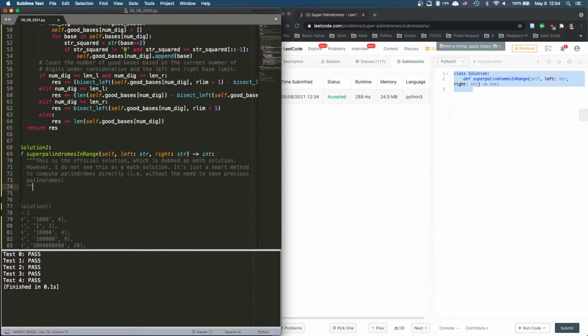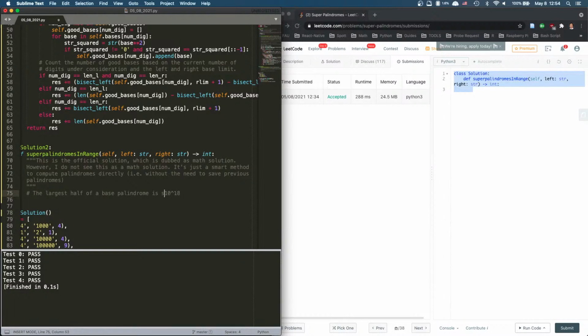Okay, so the idea is very neat. We just need to find the total number of halves, right? The largest half of a base palindrome is 10 to the 18th.